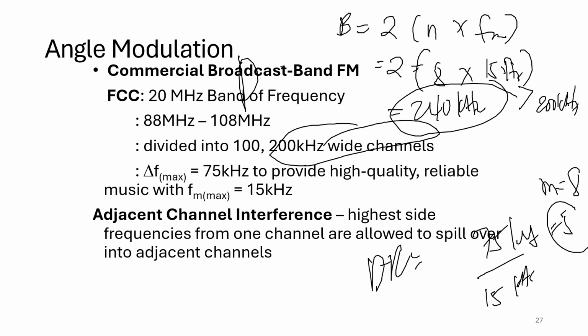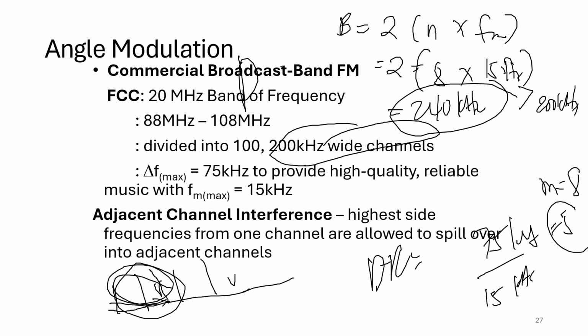For example, this is your first station, and usually this is vacant, and then we have the second station, and this is vacant, and so on. So even though you exceeded a bit, still you cannot spill over to the next station.